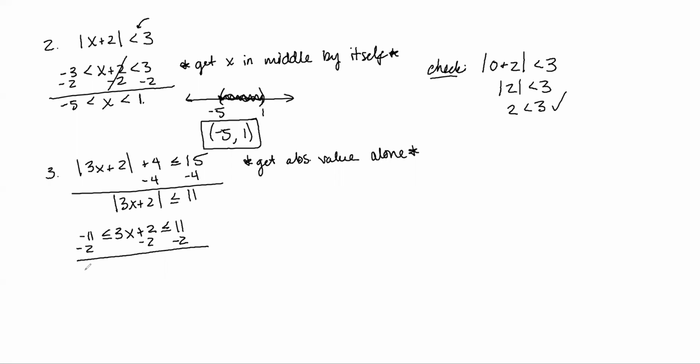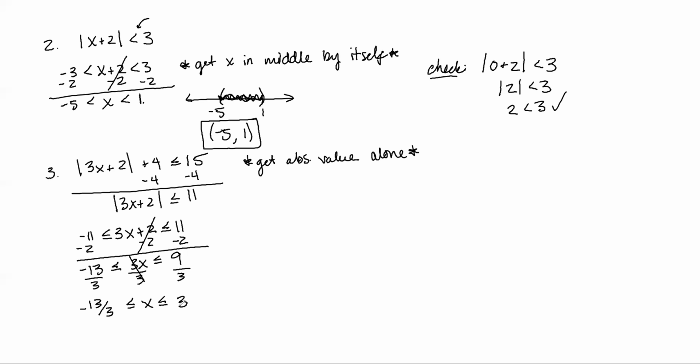We have negative 13 less than or equal to 3x less than or equal to 9. And then if we divide all 3 sides by 3, we get negative 13 thirds, and I'll leave it just like that, less than or equal to x less than or equal to 9 divided by 3 is 3.